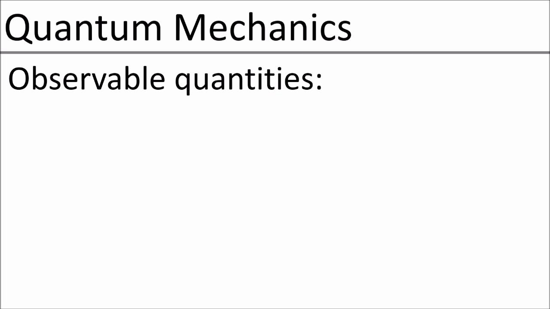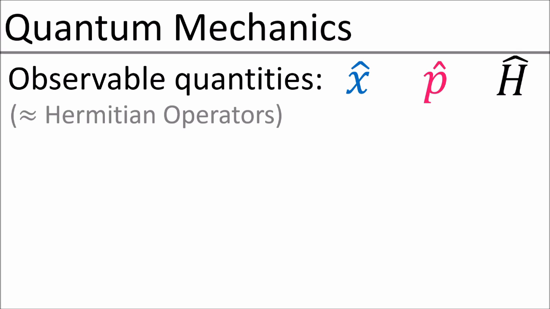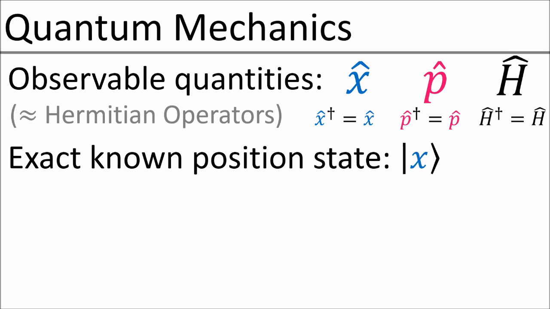In quantum mechanics, observable quantities like position, momentum, and energy are each given a Hermitian operator, with Hermitian meaning the operator equals its own Hermitian conjugate. We use hats over top of the variables to indicate that these are linear operators, not just ordinary real variables. If a particle is in a state with an exactly known position x, we denote this state by the ket vector x.